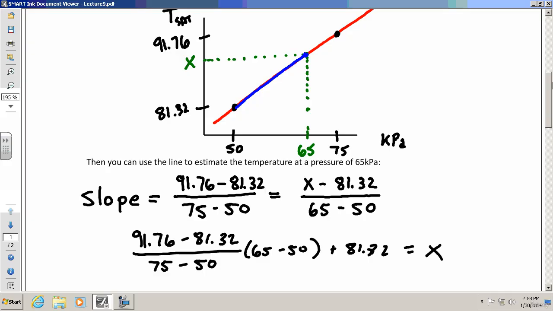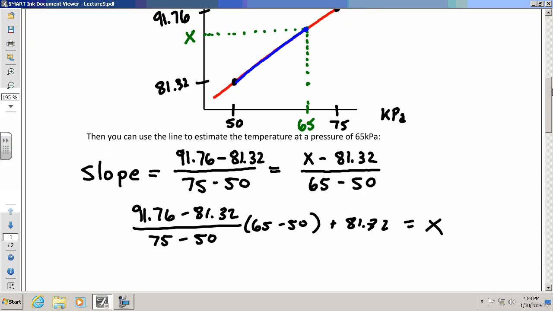So all you have to do is just plug and chug that away. If you look, 87.58. Great. And that turns out to be the units of degrees Celsius.